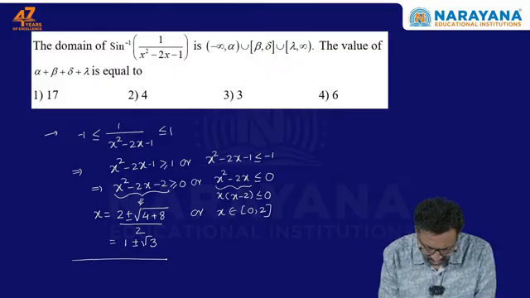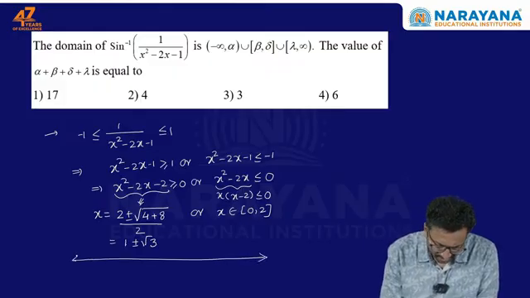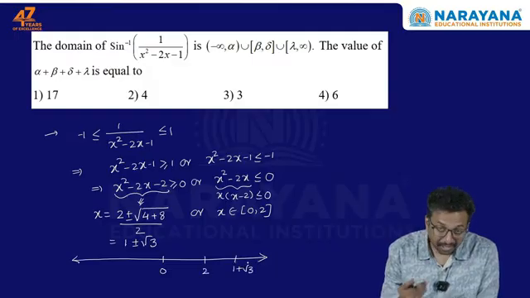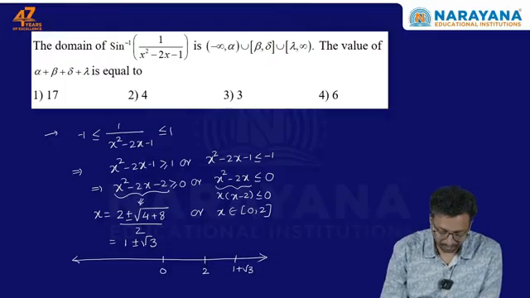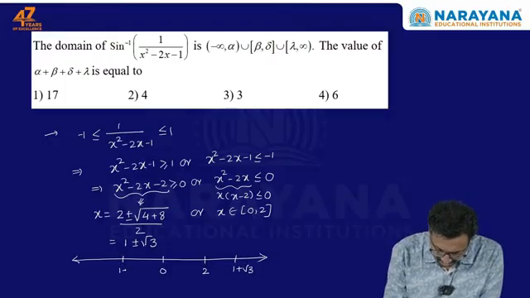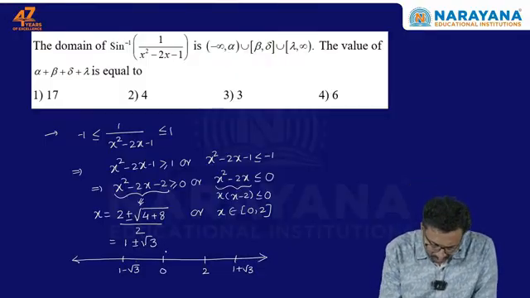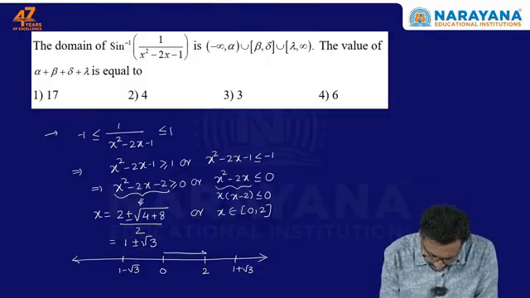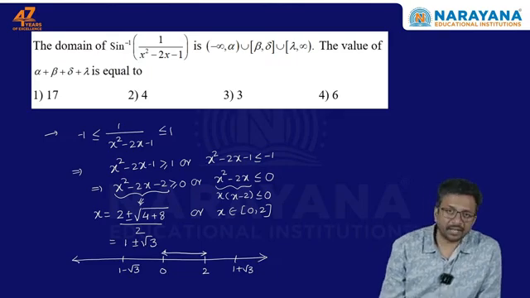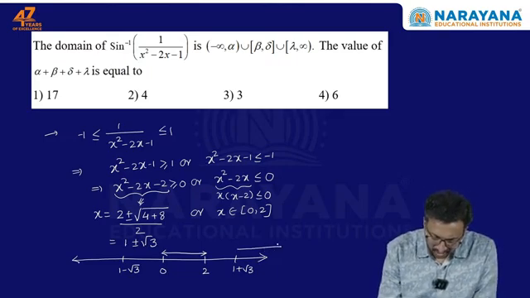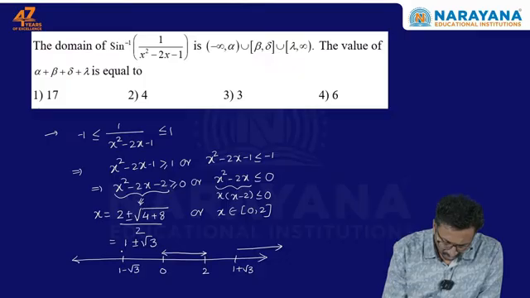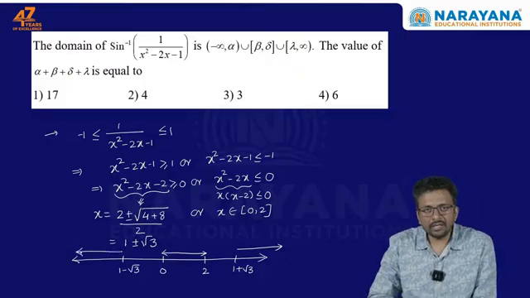So let us plot this complete solution on the real number line. So 0 is here, 2 is here, 1 plus root 3 is greater than 2, so it's on the right side of 2. 1 minus root 3 is clearly negative, it lies to the left of 0. So one part of the domain is 0 to 2 and the other part is either outside 1 plus root 3 or on the left side of 1 minus root 3.